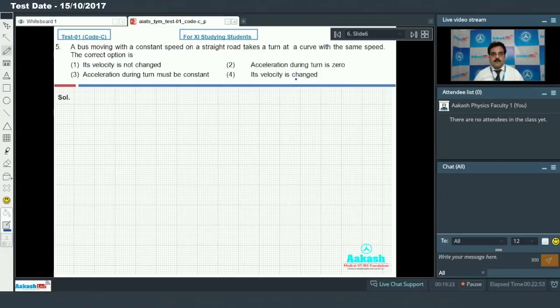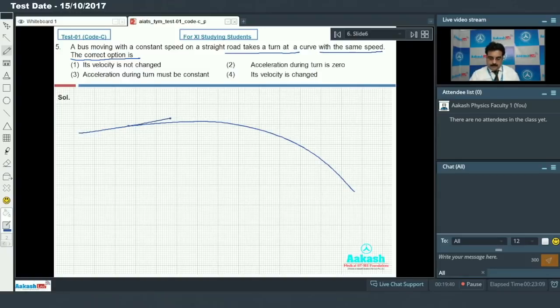Let's move on. Question number 5. A bus moving with constant speed on a straight road takes a turn at a curve with the same speed. The correct option is? So first I am going to make the track. Here we'll see, if I draw a tangent, velocity v1, then velocity v2, velocity v3.